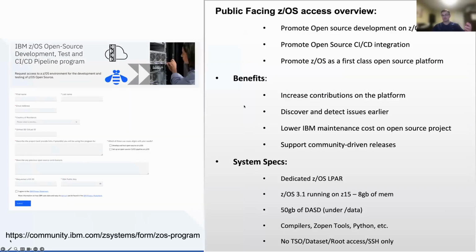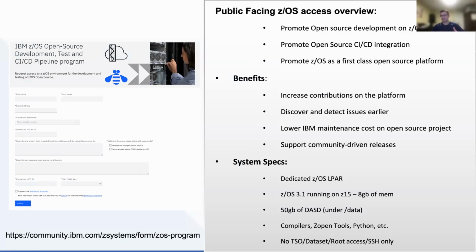And if you don't have access to a z/OS system, or if your current access is restricted to certain types of development, then this is what the public-facing z/OS access enables you to do. So this was recently launched in the beginning of this year. It's a way for open source developers to get access to z/OS for the purposes of contributing to open source.